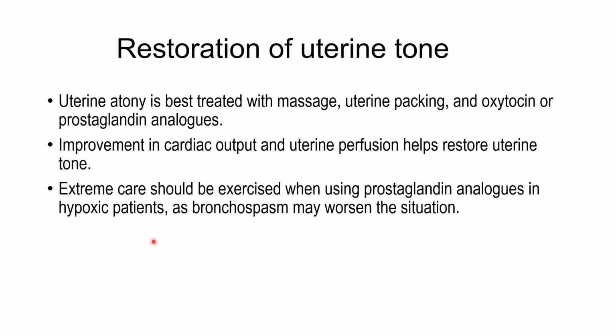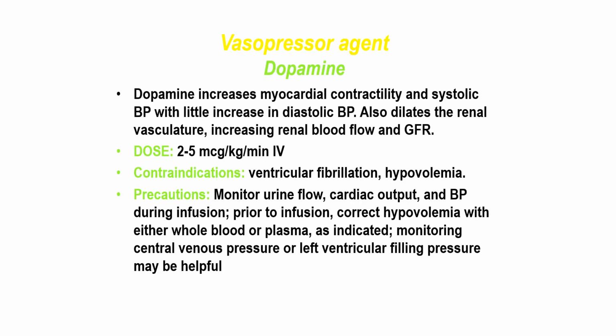So you should be conscious when giving it. If cardiac output and uterine perfusion increase, automatically the uterine tone will increase. So naturally, when we are giving fluid therapy, reducing the hypotension and managing the patient, the uterine tone will increase by restoring the uterine perfusion.